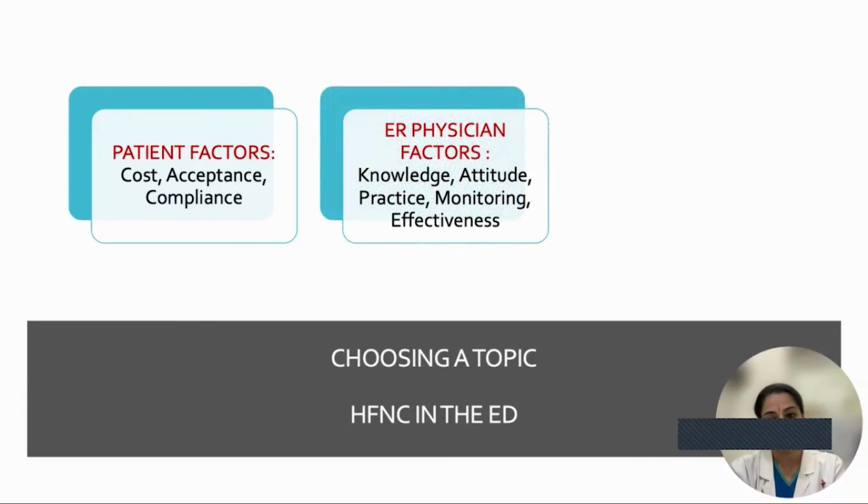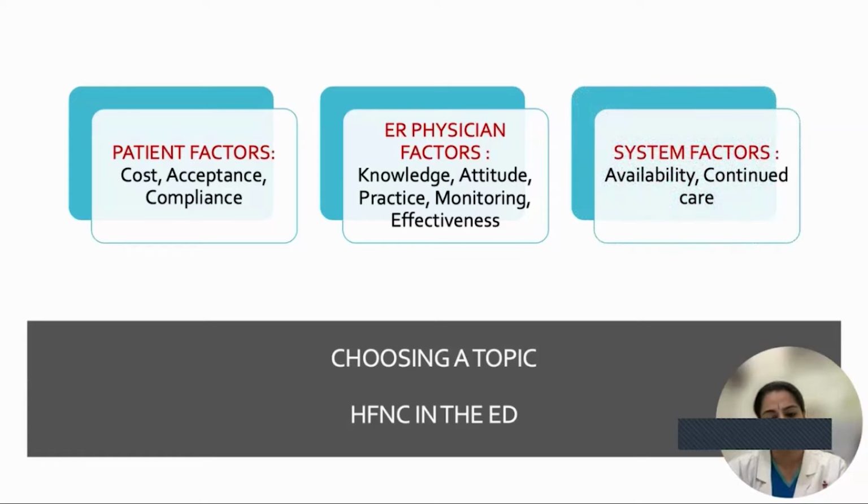Also, you'd like to monitor the patient and look at the effectiveness of your monitoring. So if these factors are something you could consider looking at as a title of your thesis or something you could research about. You should also look at system factors. Is it available in your hospital? Is it also available in your department? You initiate HFNC in the ED, it has to be continued in the ward or the ICU where you're shifting the patient.